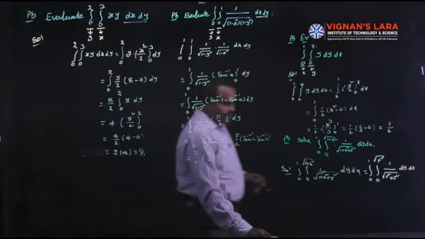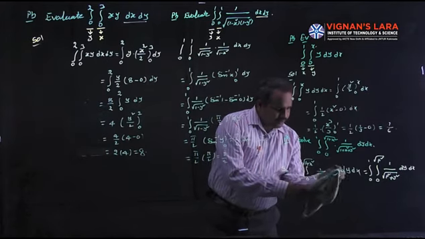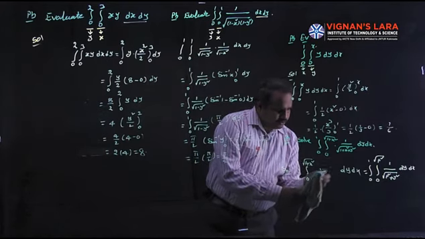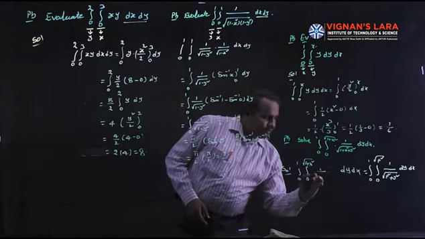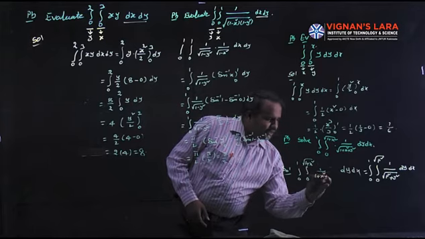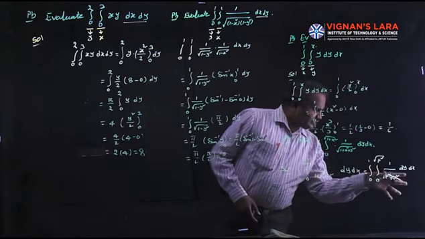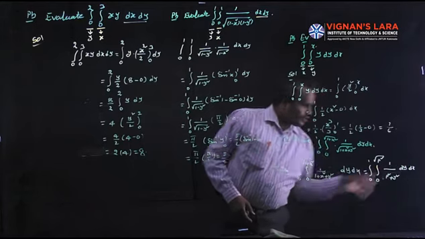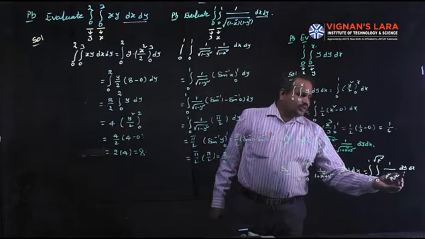Observe here that the square root does not exist in this problem; the square root was in another problem. So here it is 1 by 1 plus x square plus y square, with no square root, so this is 1 by p square plus y square. What is the variable?